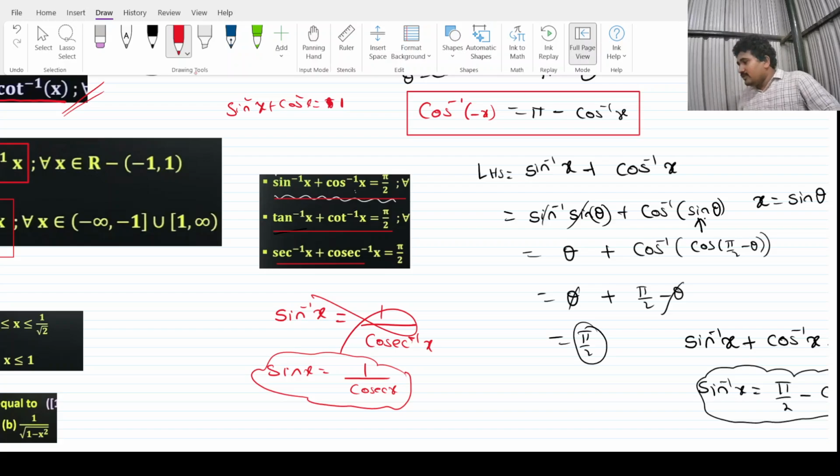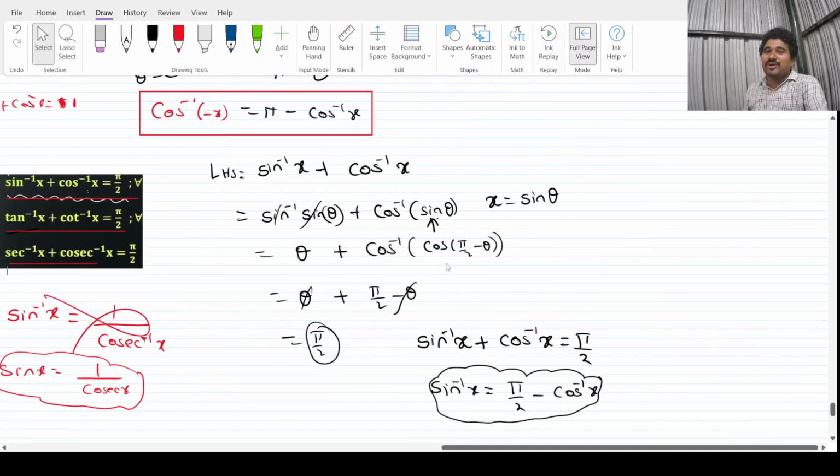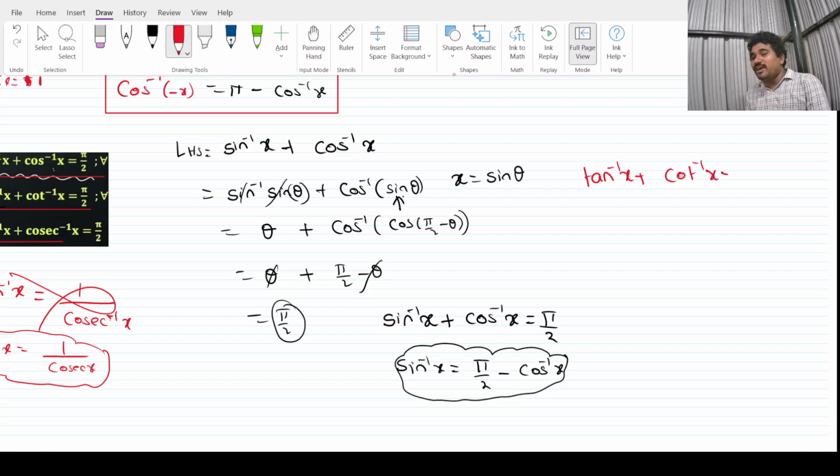Okay? Fine. Is that clear for everybody? Understood? So these properties are clear? That alone also we have to prove the same way. What is the property? Tan inverse x plus cot inverse x, if you add, how much will you get? Pi by 2 only.